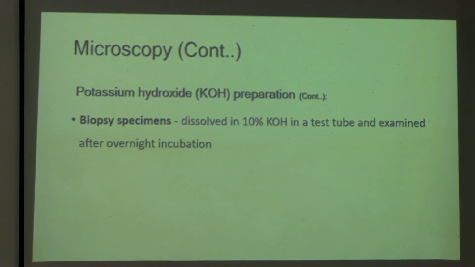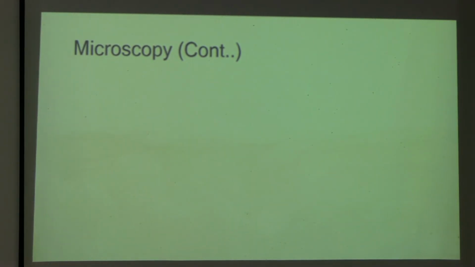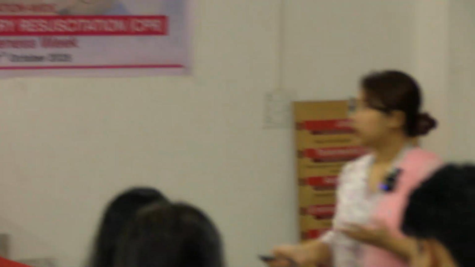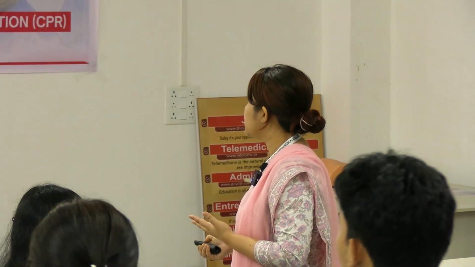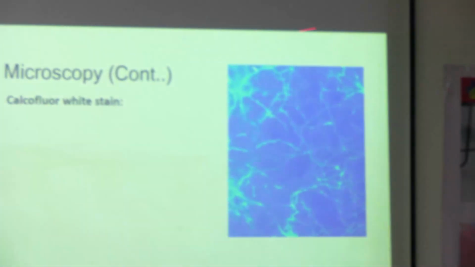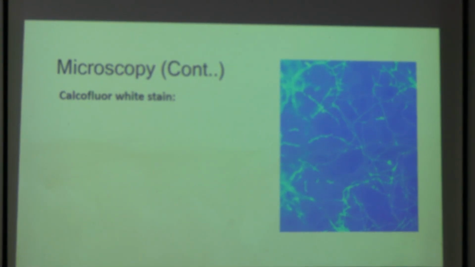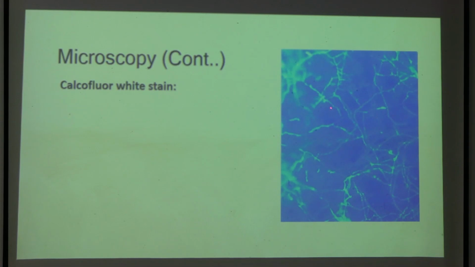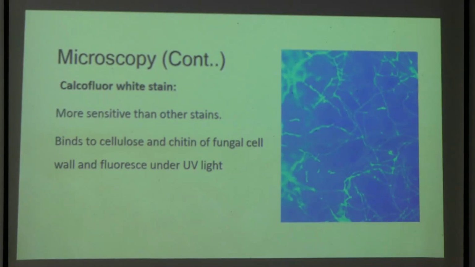Sometimes, because of less enhancement, we cannot differentiate whether it is septate hyphae or aseptate hyphae. For that we add calcofluor white stain. Can you see here, enhancement is much better than the first image. Here we can see there are septa. The calcofluor white stain binds to the cellulose and chitin of the fungal cell wall.